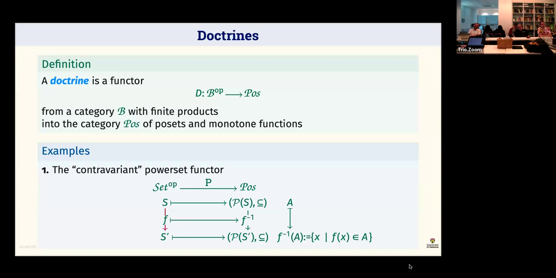The first one is what is called the contravariant power set functor, to distinguish it from the other power set functor, which is the covariant power set functor. But this is in quotes because it's not a name, it's the power set functor. The base category is the category of sets, so it has to be a functor from the opposite of the category.